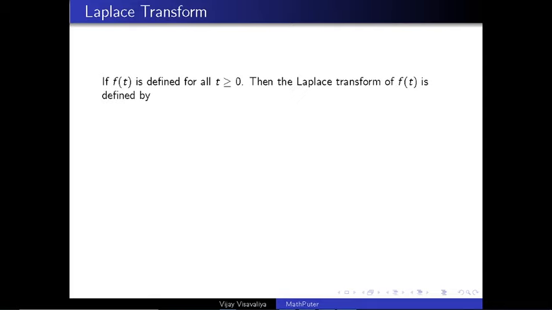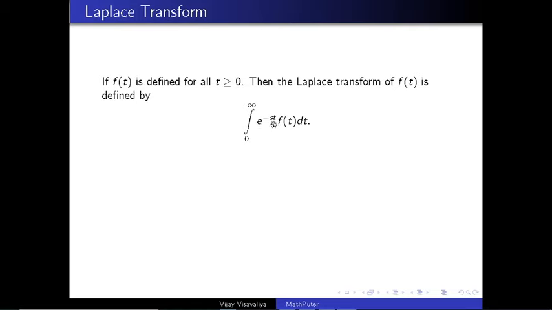Then the Laplace transform of the given function is defined by this integral, the integration of e raised to minus st times f of t dt, from 0 to infinity. Here this integration of e raised to minus st into f of t should exist. If this integration does not exist, then we can say that the Laplace transform does not exist.